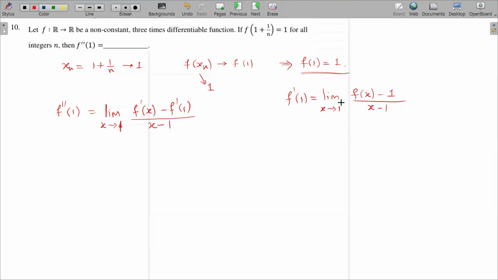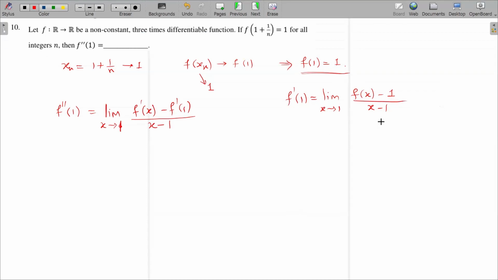So the limit of f x is 1 as x goes to 1. That is known. Only problem is if you want to write further that this is f dash x upon 1 or something, you need some information about f dash x, how it behaves, continuity of f dash, some more information.